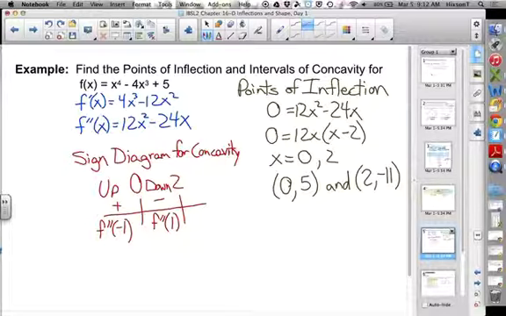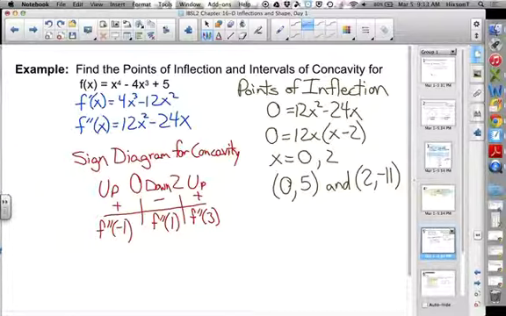And then if I try something to the right of 2, f double prime of 3, I'm going to have 12 times 9 is 108 minus 24 times 3 is 72. 108 minus 72 is positive, which is all that matters. So this is concave up as well.